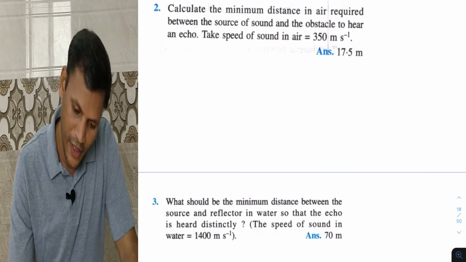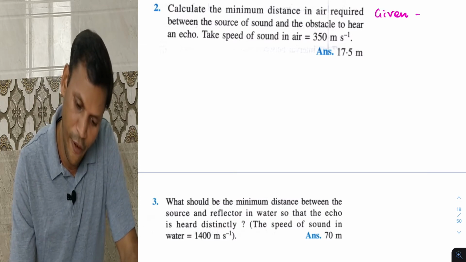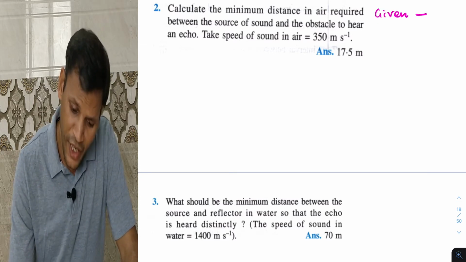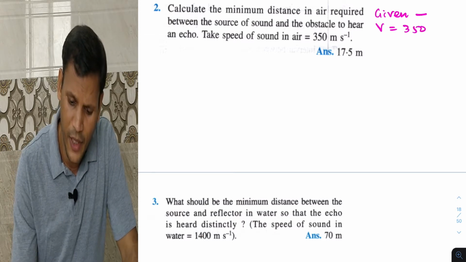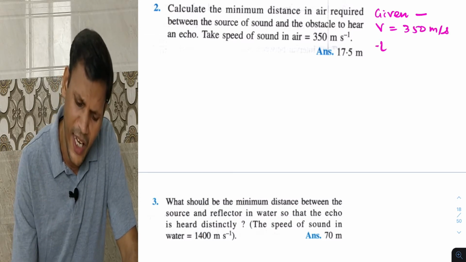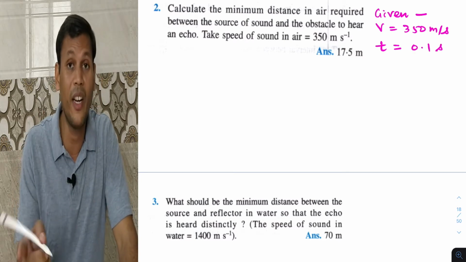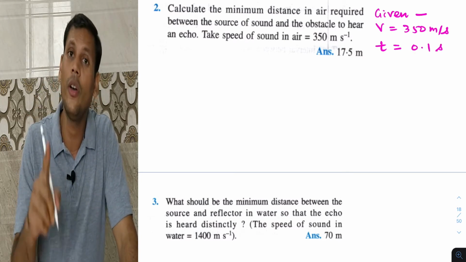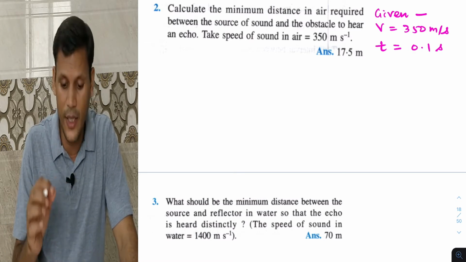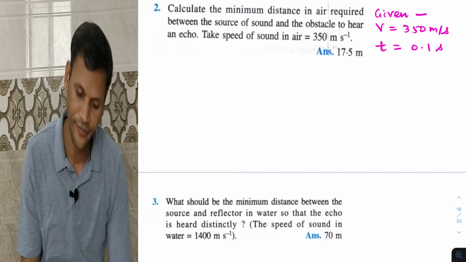So we will write all the given informations. V is given 350 meter per second and time is given 0.1 second. Directly it is not given, but for echo minimum time should be 0.1 second.